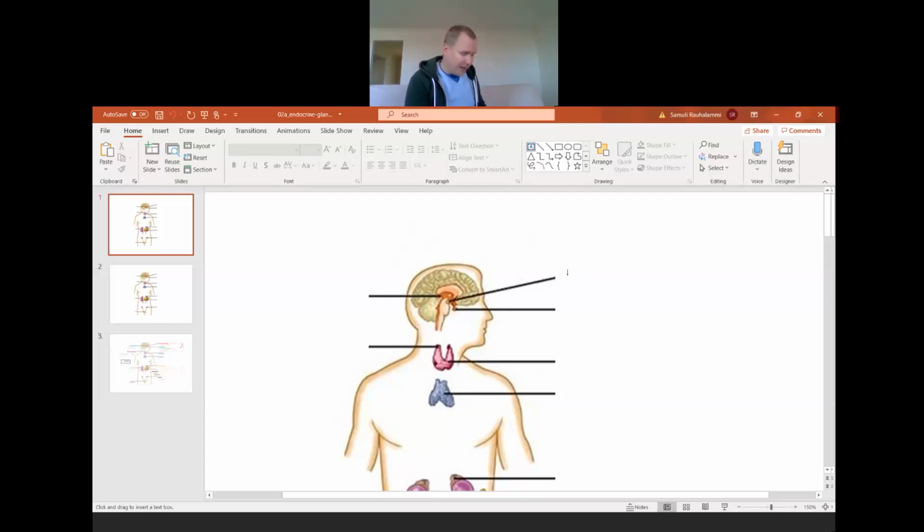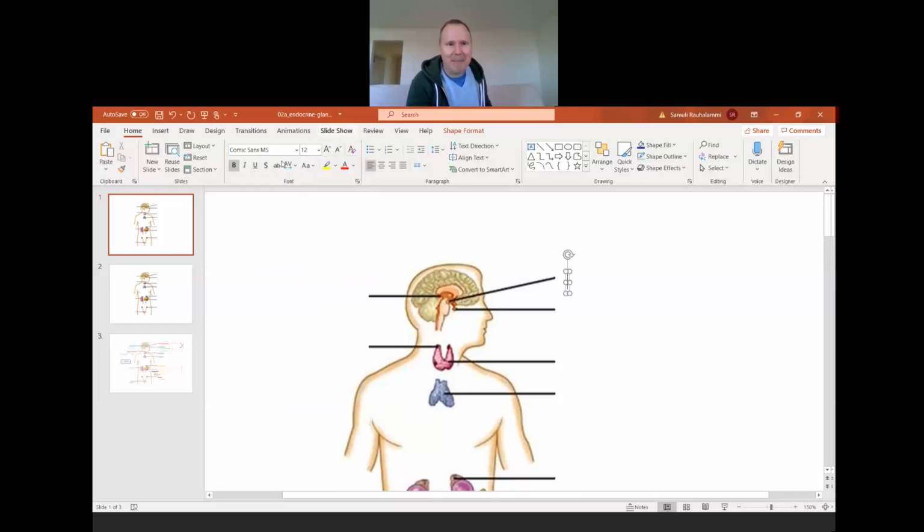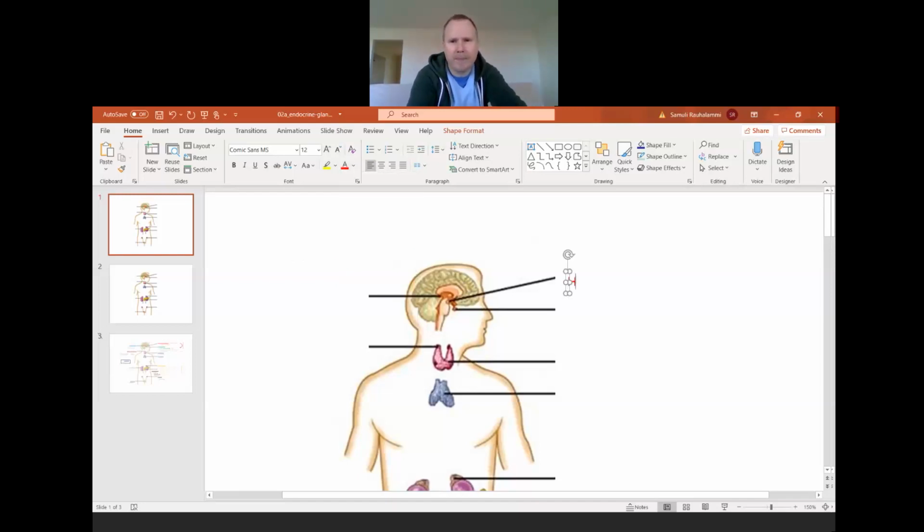I've tried to make it a little bit more entertaining, but I'm sure we can make this work even with just this, keeping it basic for the purposes of making it as easy as possible to follow. So I want to start with the hypothalamus.